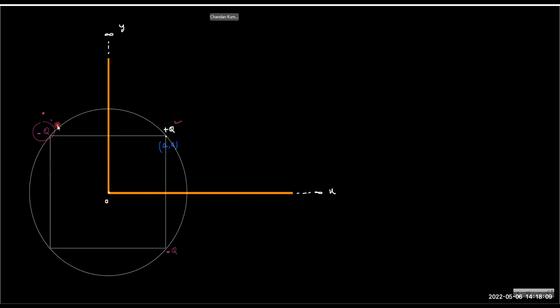We can form the image only when the object is in front of the mirror. So this object is in front of or behind the mirror? It's behind the vertical mirror, but it is in front of the horizontal mirror, isn't it? If you extend this line, you can see, and therefore the bottom mirror will form the image of this charge here, plus.